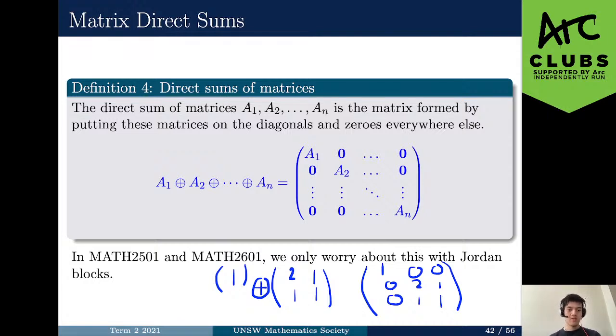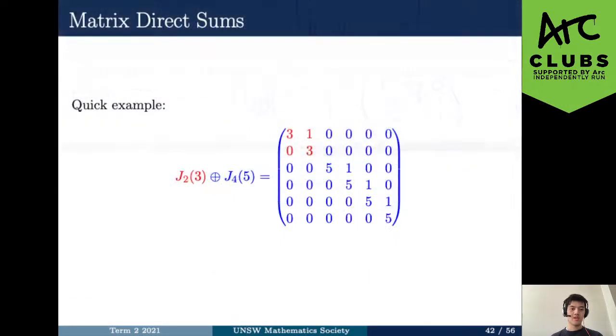Okay. Well, I guess the only time we really look at this for 2501 and 2601 is with Jordan blocks. So say we have J 2, 3, that's just the red bit over here, and we have J 4, 5, that's just this bit here.